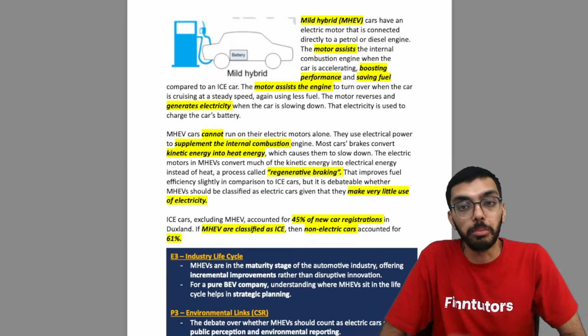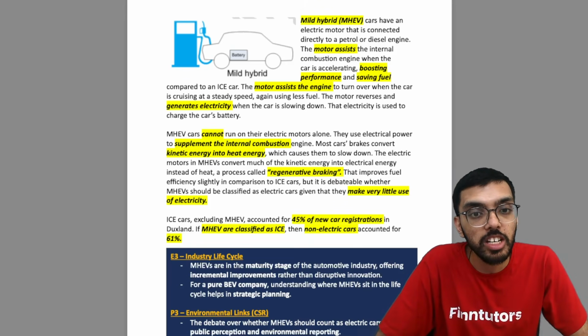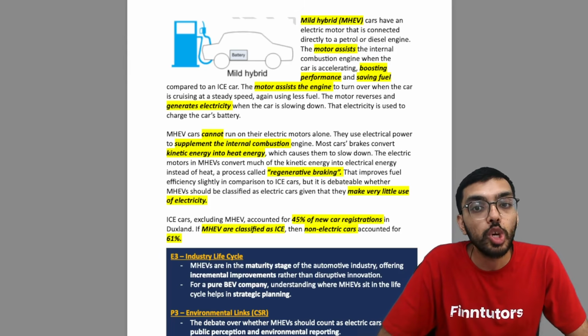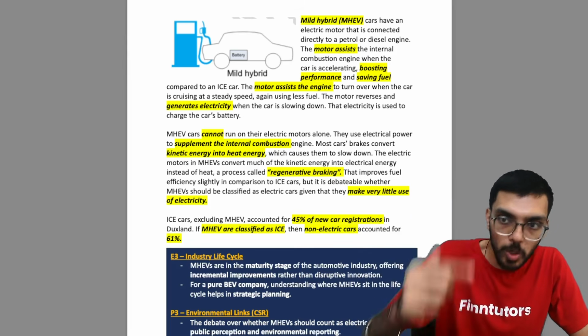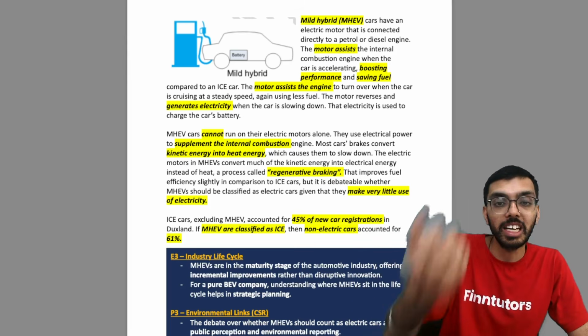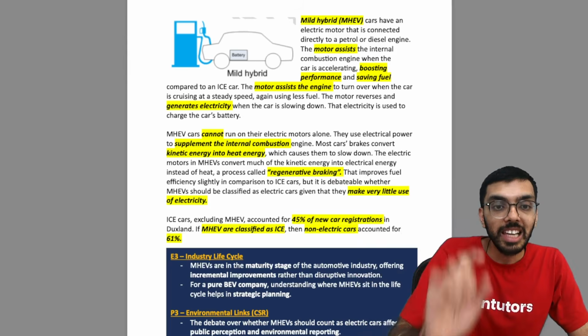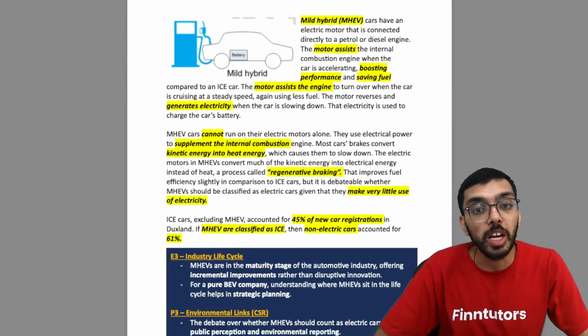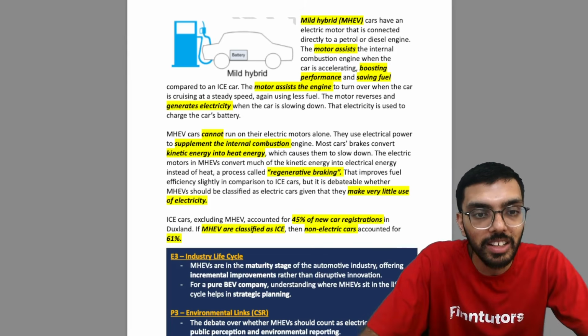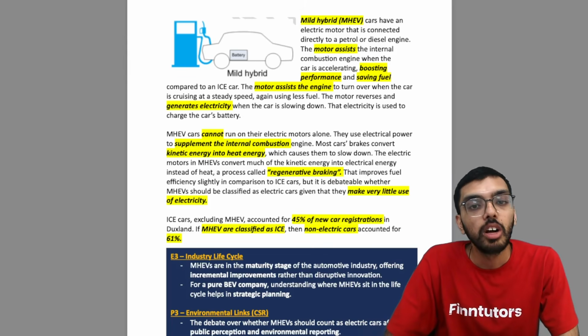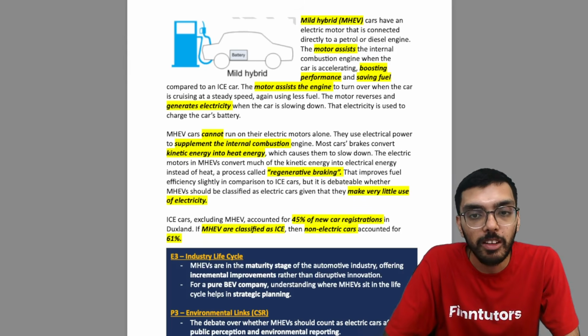Most cars' brakes convert kinetic energy into heat energy, which causes them to slow down. When you brake, you're stopping your wheels from moving, which is generating heat. The electric motors in MHEVs convert much of the kinetic energy which is generated into electrical energy instead of heat, a process called regenerative braking.